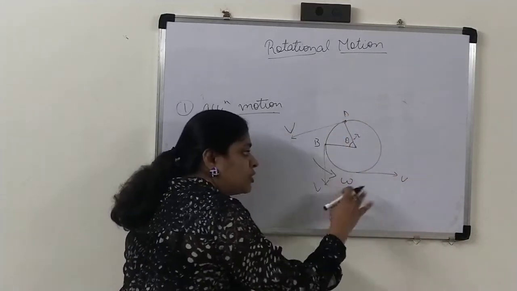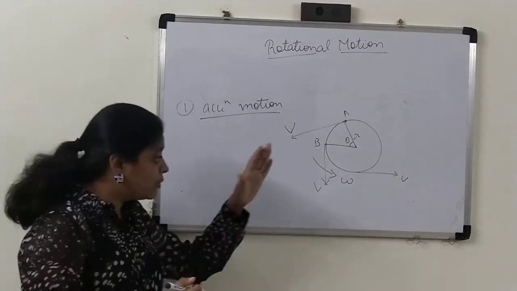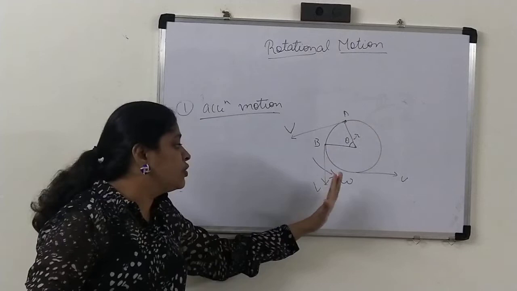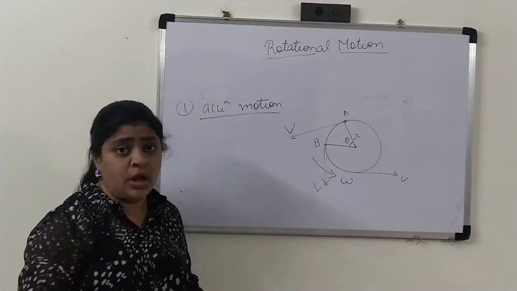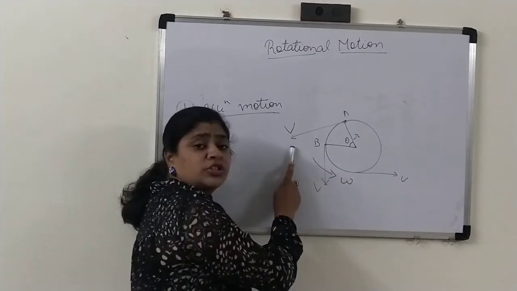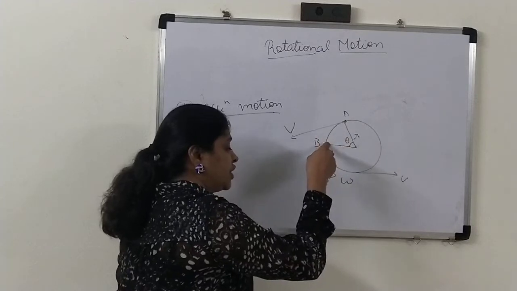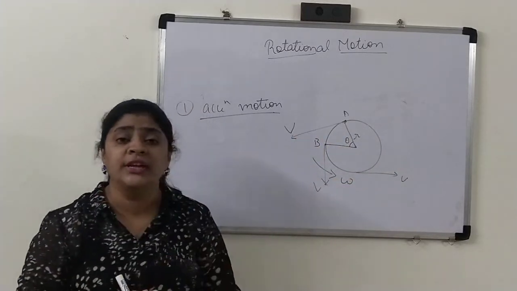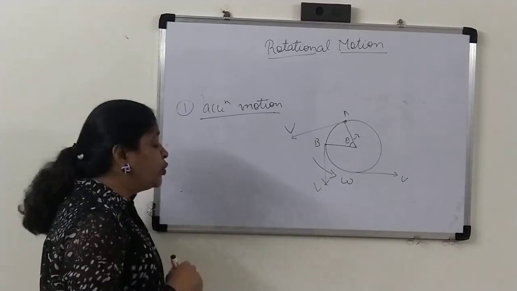So in the whole uniform circular motion, as the body is still performing uniform circular motion, its angular velocity is constant. But what about its linear velocity? As the position changes, as the point changes, the linear velocity of the object changes. And what do we know?